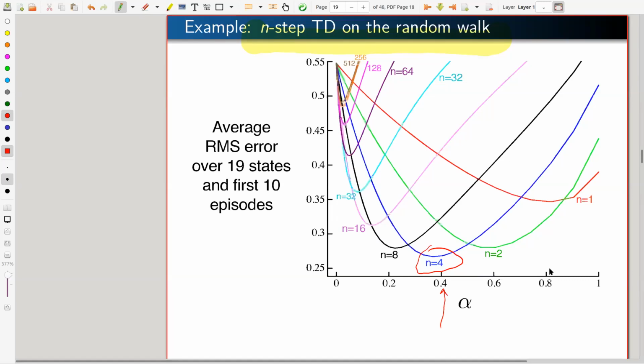You see, this is the way to get the best parameter. Usually, when you're facing a problem, you create a toy version of that problem, and you use the toy version to do something like this. And from that toy version, you decide, okay, I will use 4 steps with a learning rate of 0.4, because on the toy version of the problem, these are the parameters. This is called hyperparameters tuning.